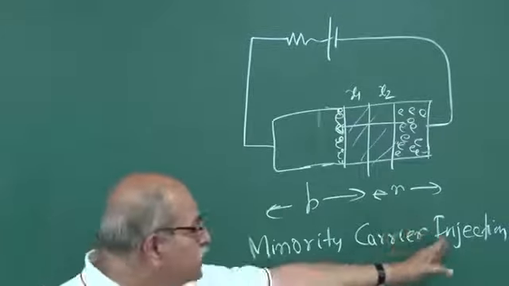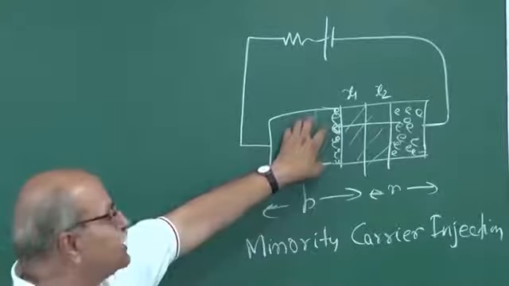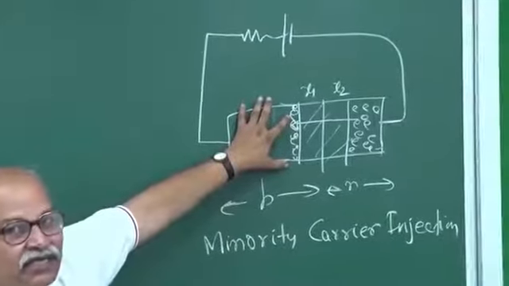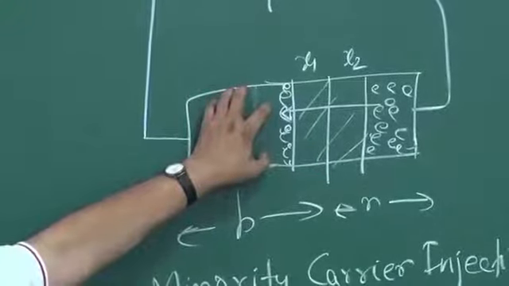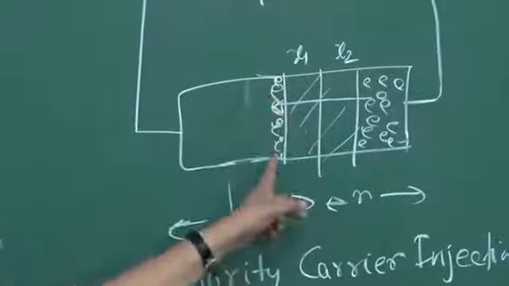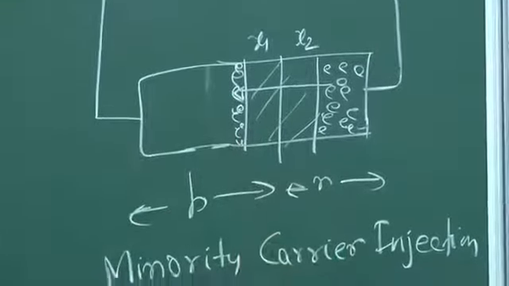This injection is in this portion. This is the p side, and in the p side holes are the majority carriers and electrons are the minority carriers, and we have put in extra minority carriers here, extra electrons here. So that is known as minority carrier injection.